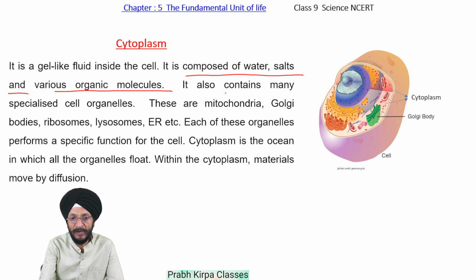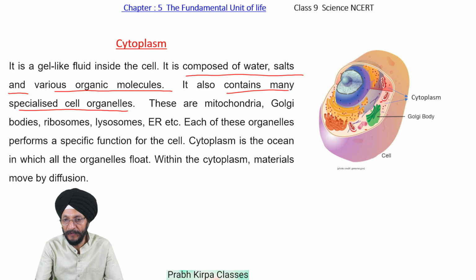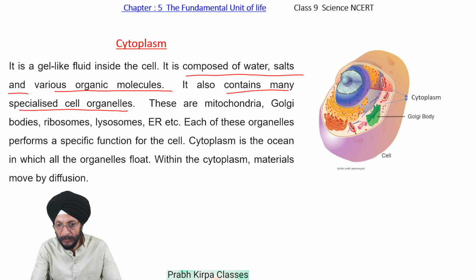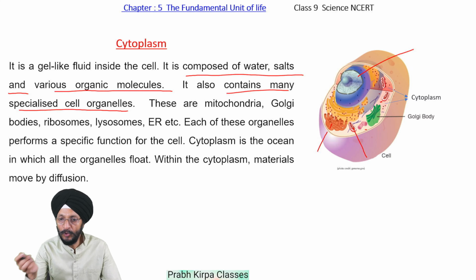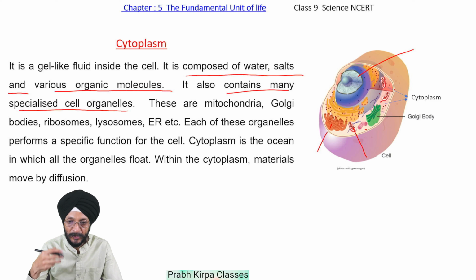It also contains many specialized organelles. What are those organelles? These may be Golgi body, mitochondria, smooth or rough endoplasmic reticulum, nucleus, ribosomes, or vacuole.